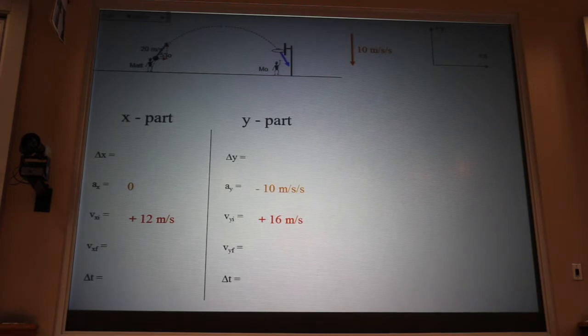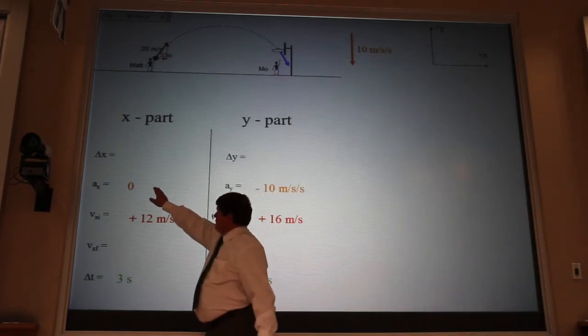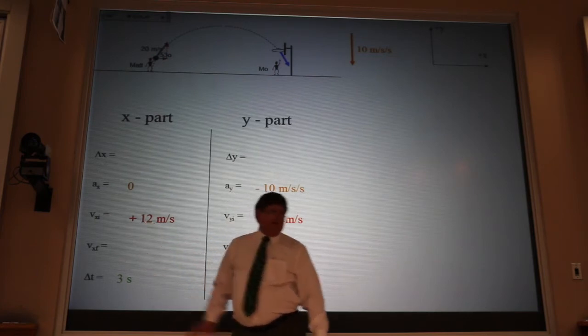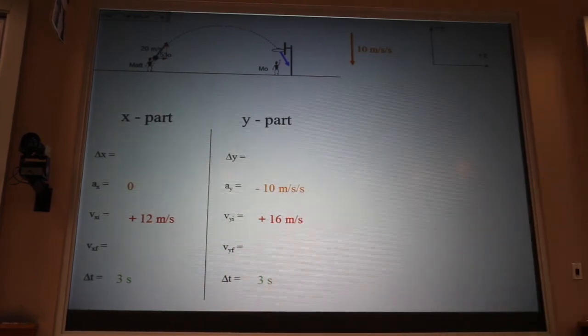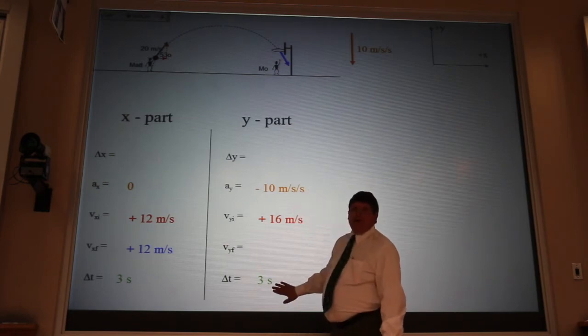Now, we're told that the time is 3 seconds, so I can put that in both lists. Now, because this acceleration in the x direction is 0, the 12 meters per second that I start with in the x direction stays 12 meters per second. So now, I've got 1, 2, 3 things in this column.